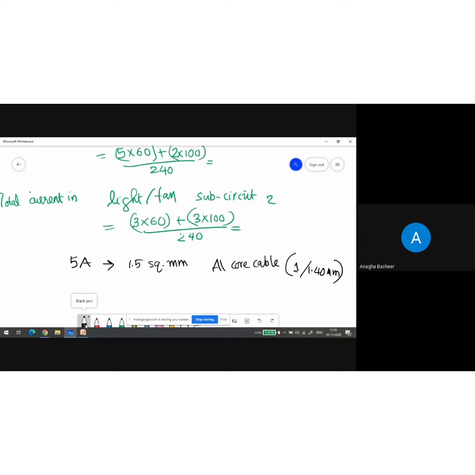For these two cases, you have to find the current correspondingly, and you have to check if it is within 5 ampere, this much is the dimension.